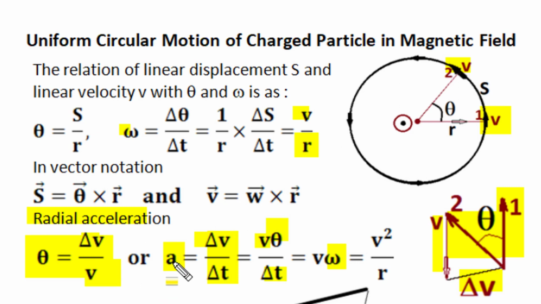So we can say the radial or linear acceleration which changes the direction of the velocity vector is equal to the product of linear velocity and angular velocity, and in place of angular velocity when we write the ratio of linear velocity to radius, we can say the linear acceleration becomes v square by r.